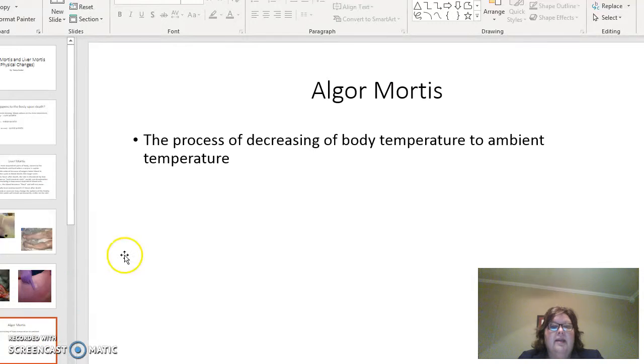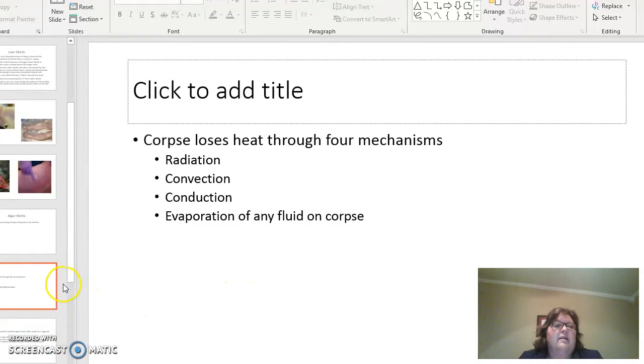Algor mortis is the process of the decreasing of body temperature to ambient temperature. In other words, when the body becomes lifeless, the body begins to cool off, and this is called algor mortis.